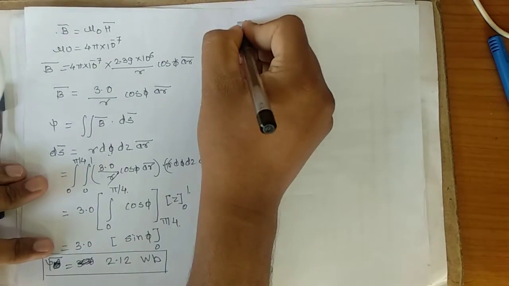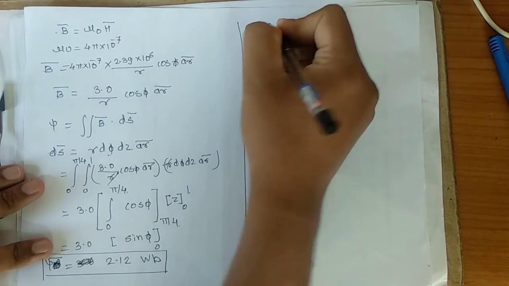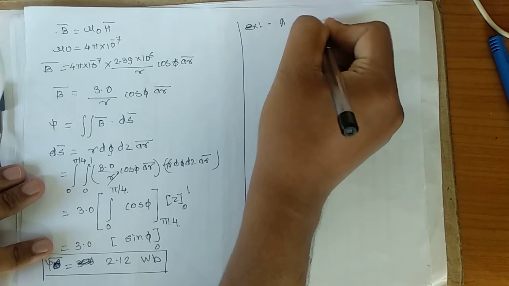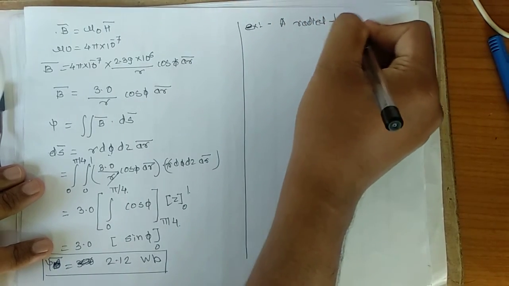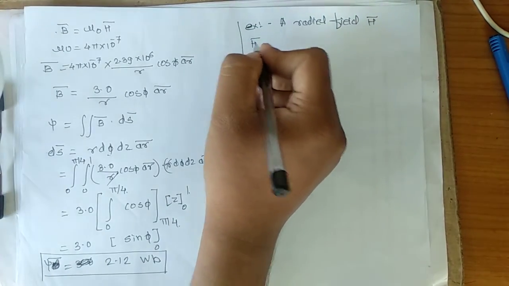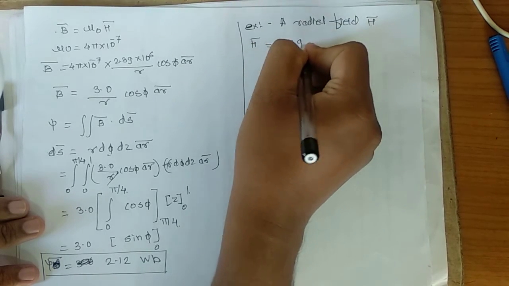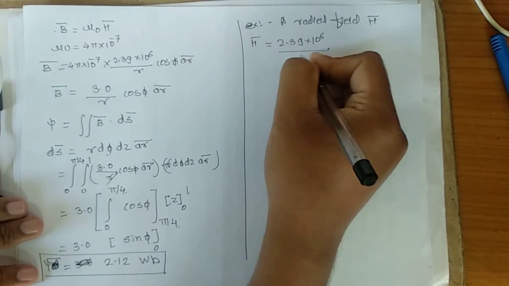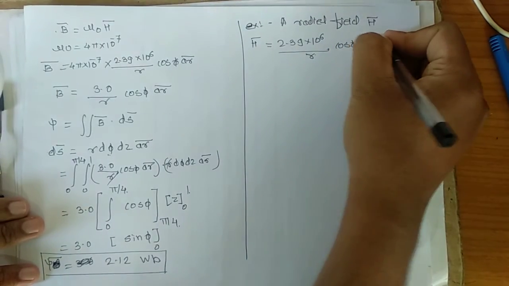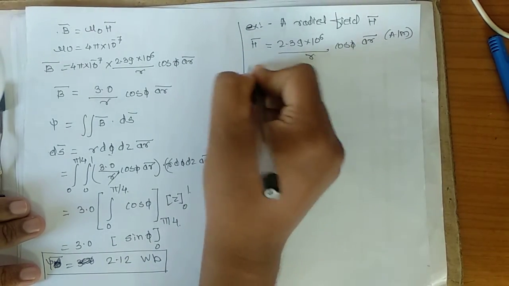Now I will give one more problem for homework. At least you have to try this. A radial field H bar is equal to 2.39 into 10 raised to 6 divided by r cos phi AR bar ampere per meter exists in free space.